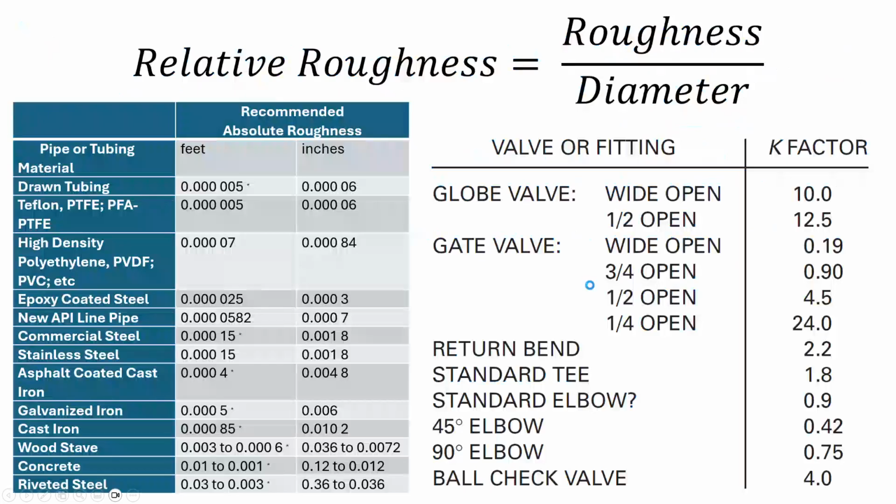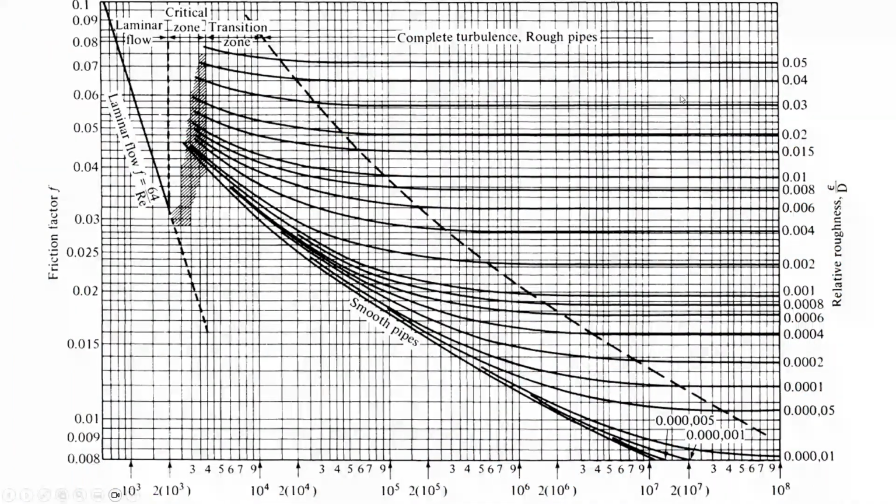So we're going to go to the Moody diagram. This is the Moody diagram. To find the friction factor from the Moody diagram, we need to find the relative roughness of the pipe.